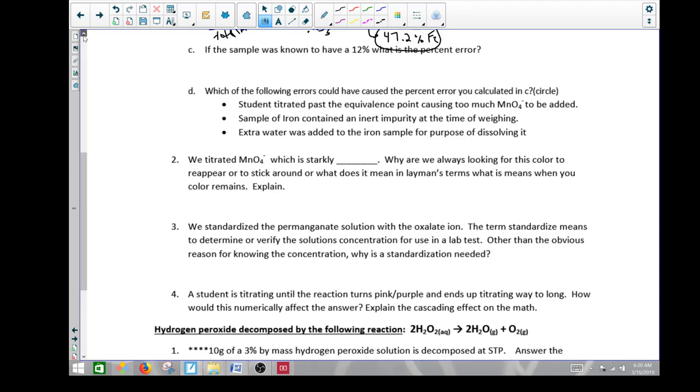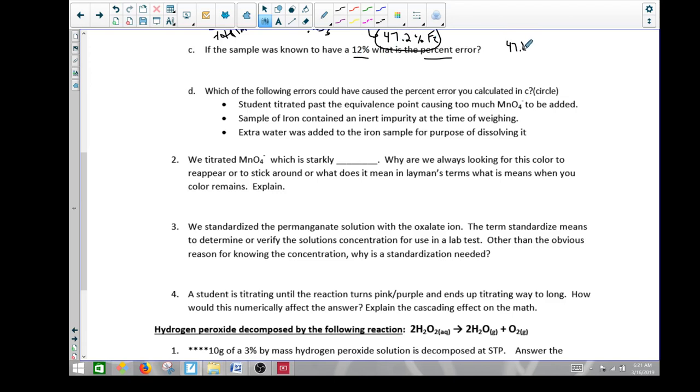Okay, so percent error is essentially what we call percent change. And you can Google the formula if you don't know. What I typically do is you want to do the difference between what you got and what you're supposed to get. So this is what we're supposed to get. We got 47.